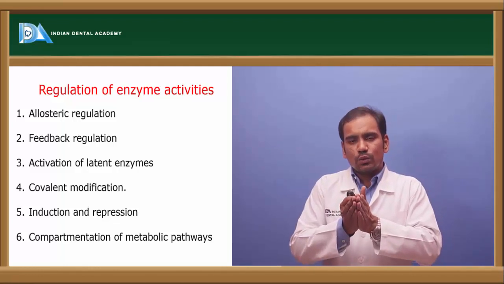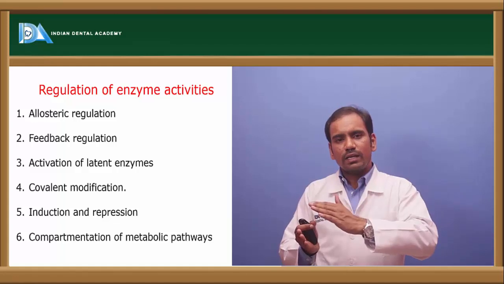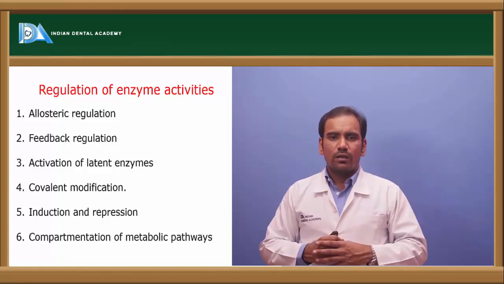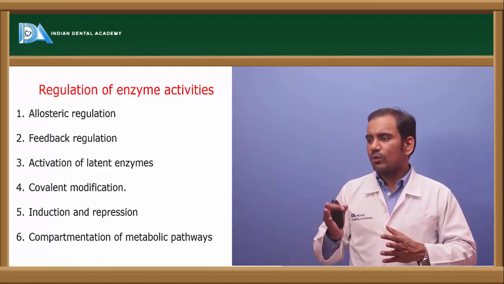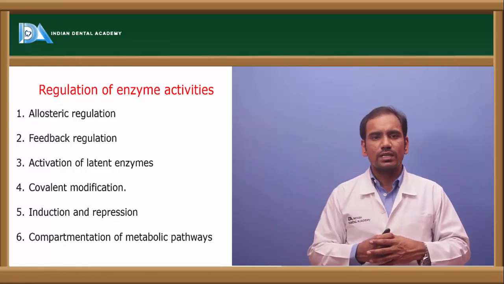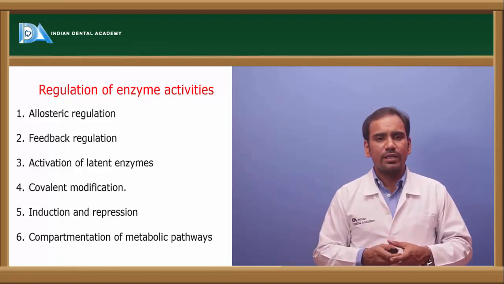The enzymes concerned with the synthesis of fatty acids are present in the cytosol and those of oxidation are present in the mitochondria. This is how these two pathways can be regulated, and that type of regulation is called compartmentation. So these are the ways in which the activity of enzymes is regulated.